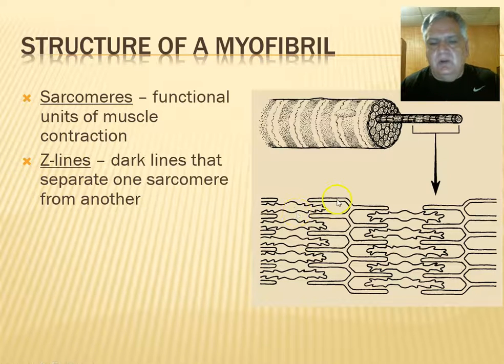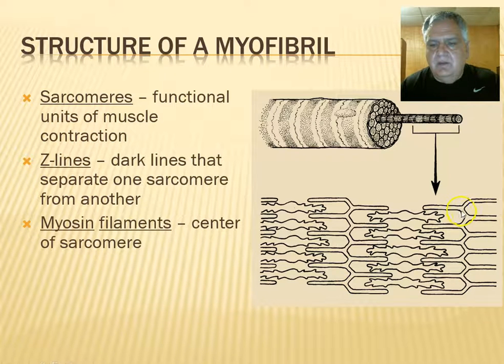So if we go over to our artist's conception here, we can see here is a Z line, and here is a Z line over here. So this area between those two Z lines is referred to as the sarcomere.